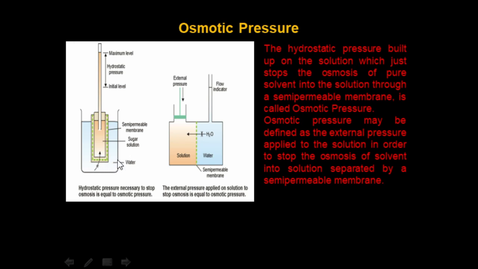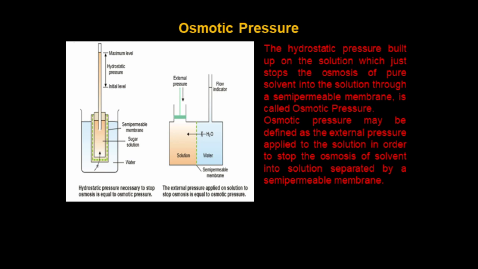As the water molecules enter through the semi-permeable membrane, there will be a rise in the water level in this tube attached to it. From the initial level, the water level rises to the maximum level. After a particular amount of time, the level of water remains stable and won't increase further. As a result of the increase in the volume of water in this small narrow tube attached to it, there will be an increase in the pressure due to water, that is called the hydrostatic pressure.